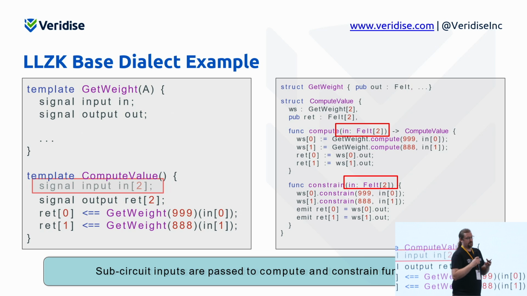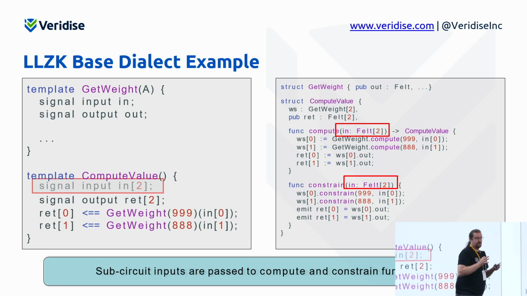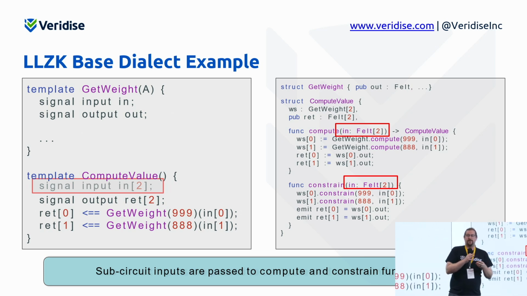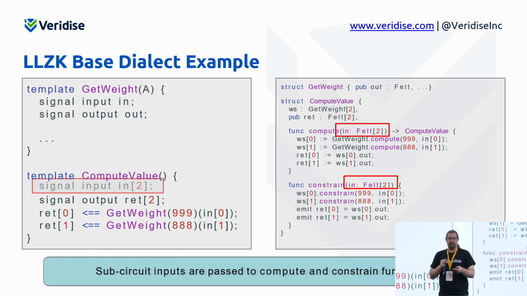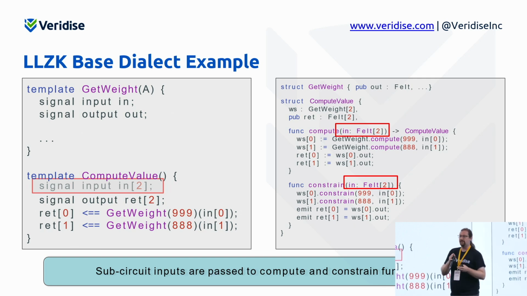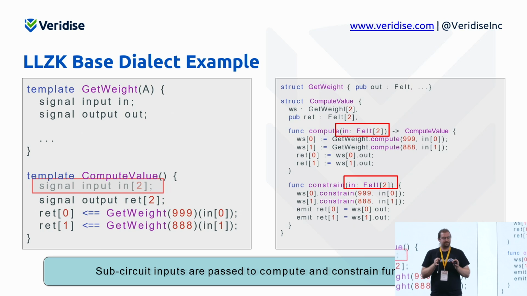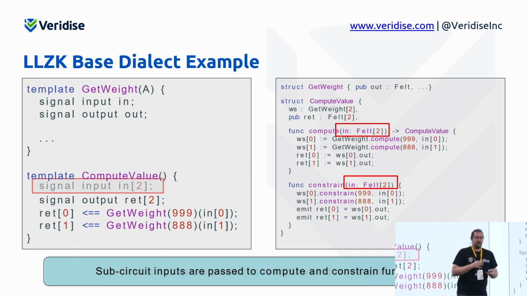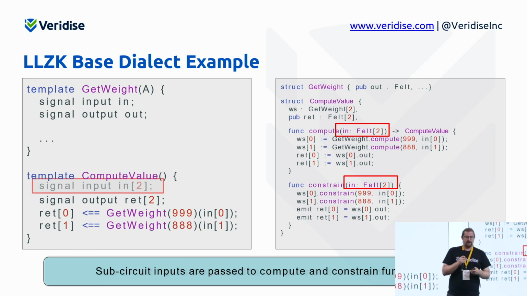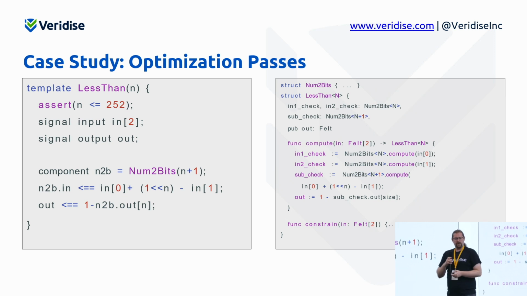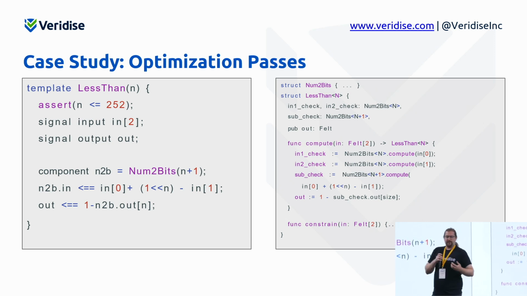In this IR, the inputs to the subcircuit are inputs to the compute and the constraint function. So there's some coordination that needs to be performed between compute and constraint because they need to have a somewhat specific signature. Okay, so let's see what this enables.